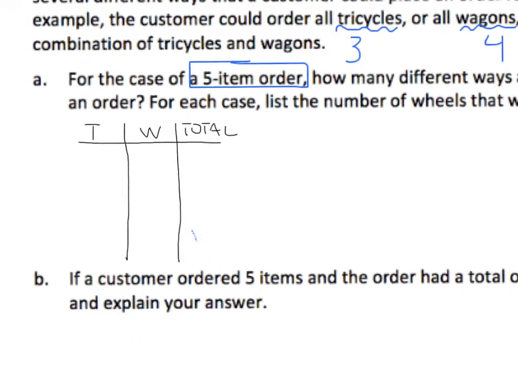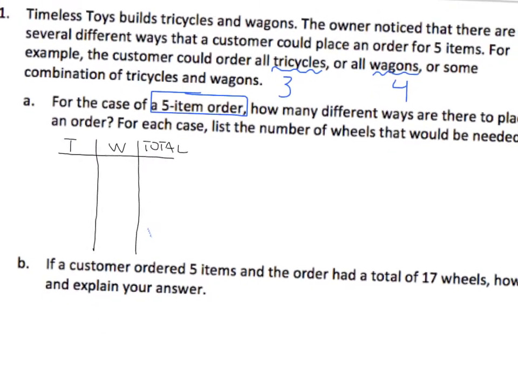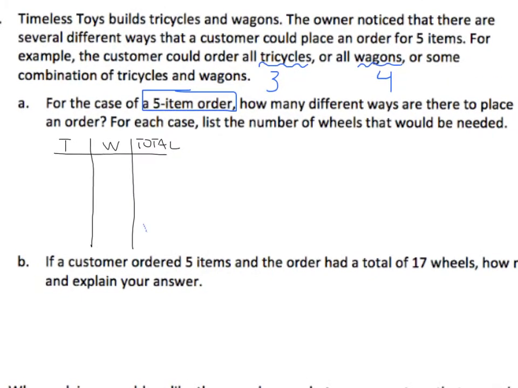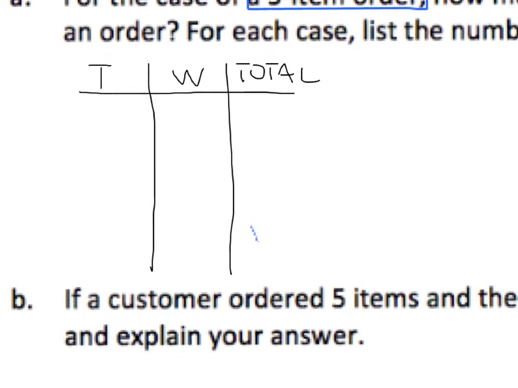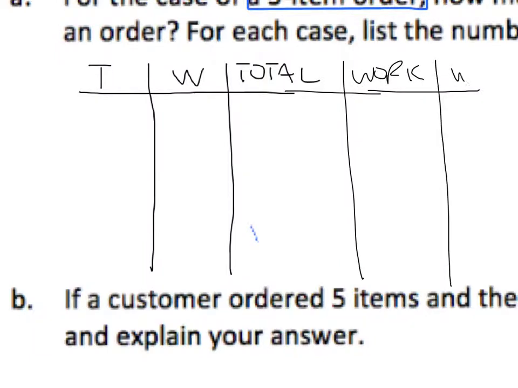Okay, and I'm going to zoom out just to make sure that I'm reading the right things. We have to list the number of wheels that would be needed, so we have to add a little more to our table. I'm going to leave a little space for the work or the process, and then I'm going to put the wheels. And I'm sorry for my mess of handwriting. This is going to happen.